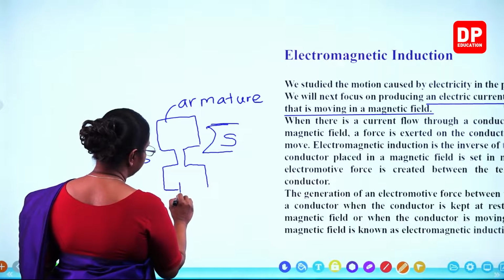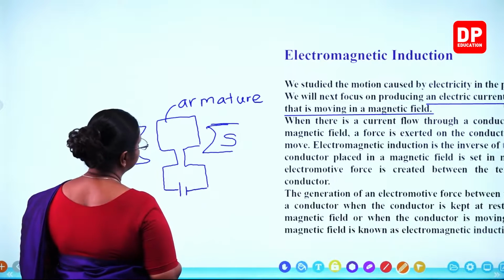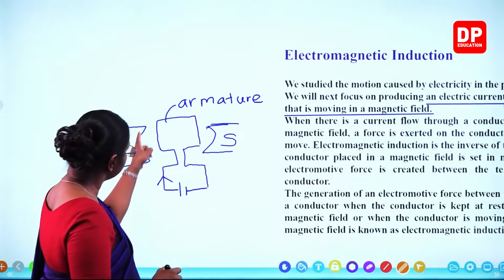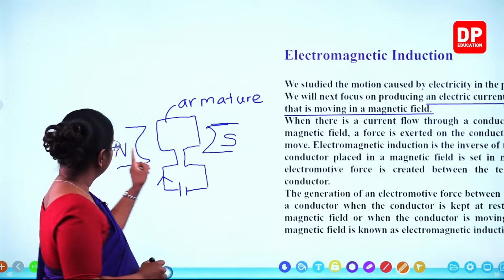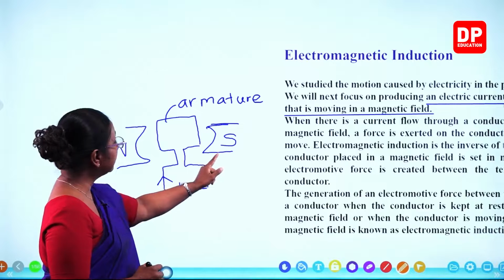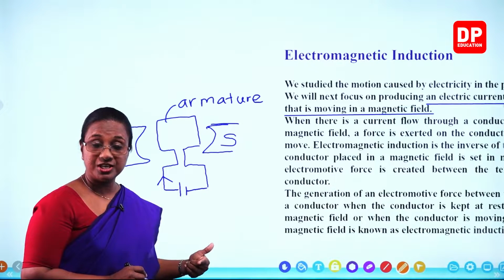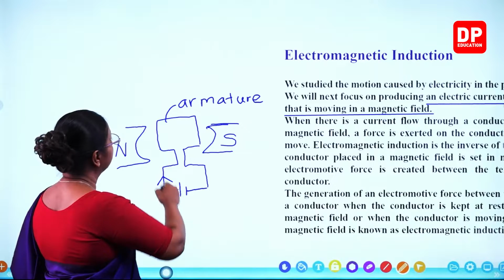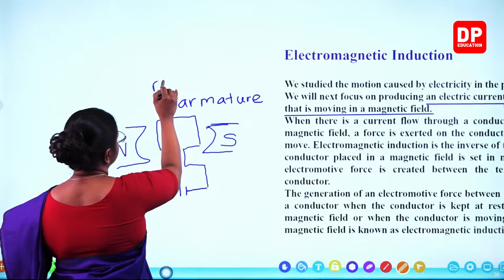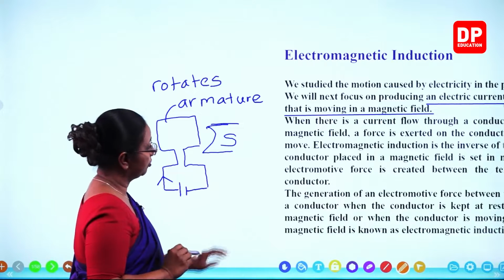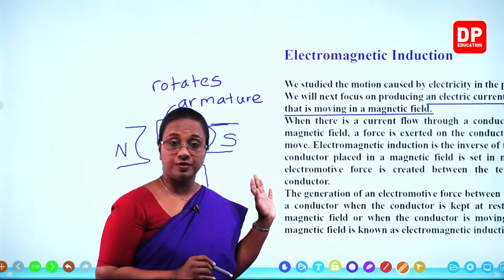And then we supplied electric current. When current flows through the wire coil placed in the magnetic field, you can remember a force was generated, and because of that the armature rotates. That is the direct current motor. That is what we have discussed so far.